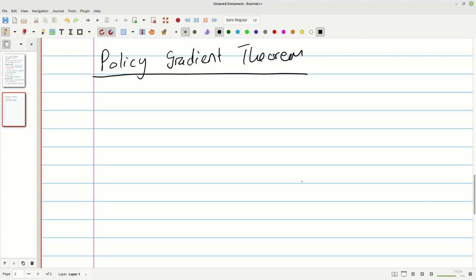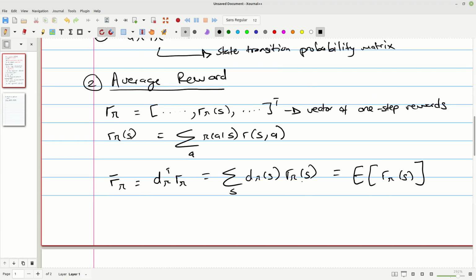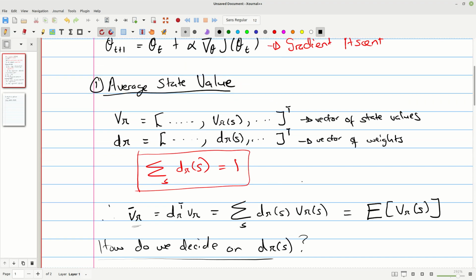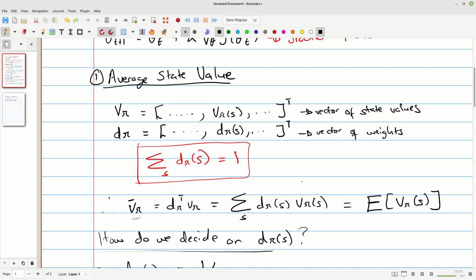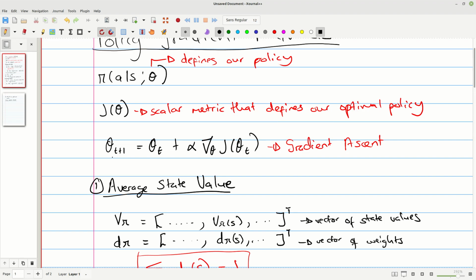So what the policy gradient theorem says is, the question we're asking is, how do we actually take the derivative of J theta? Because as you can see, let me show you. Where did we write that? Here. Where we say theta t plus 1 is equal to theta t plus the derivative of J theta t. So how do we actually go about taking this derivative, right?